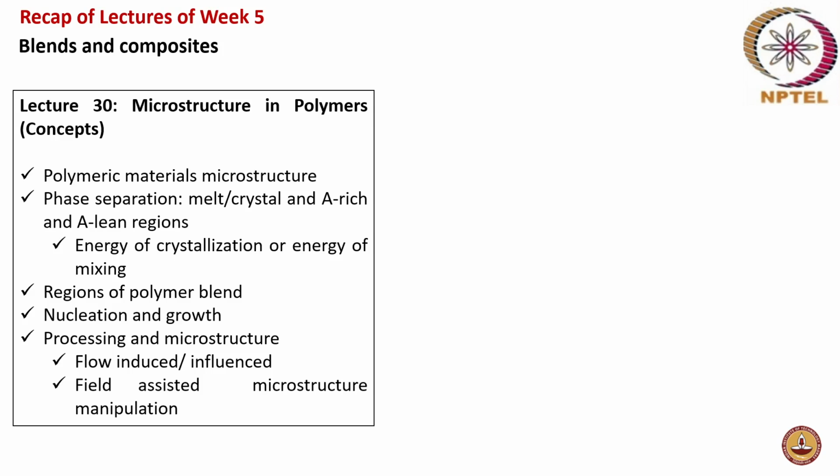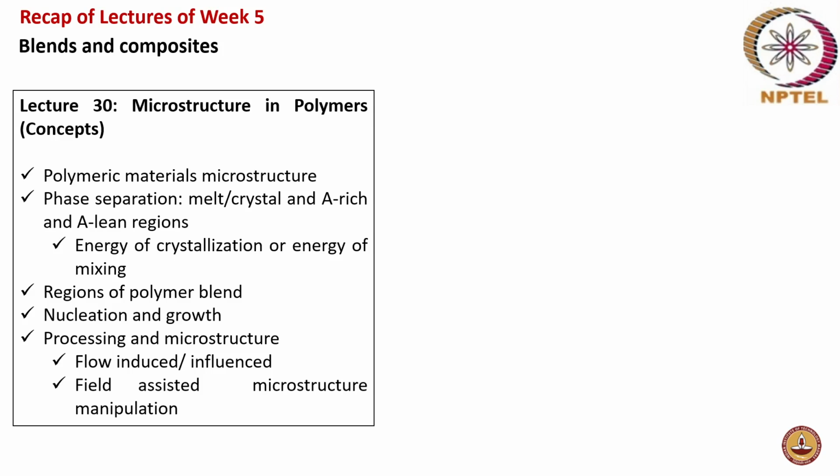Next, week 5 lectures were on microstructure in polymers. So polymeric materials microstructure. Phase separation when you have melt and crystal, and also rich and lean regions in case of polymer blends, right?